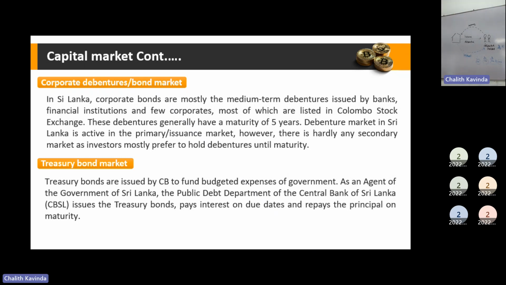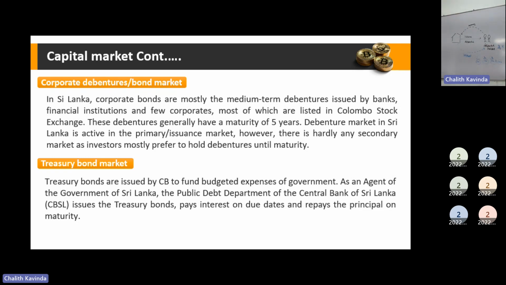So usually, the debenture market in Sri Lanka is active in the primary market. However, there is hardly any secondary market as investors mostly prefer to hold debentures until maturity. Since as a debenture holder you are going to hold the debentures till maturity, accordingly, you are not that much willing to go and sell your debentures in the secondary market.